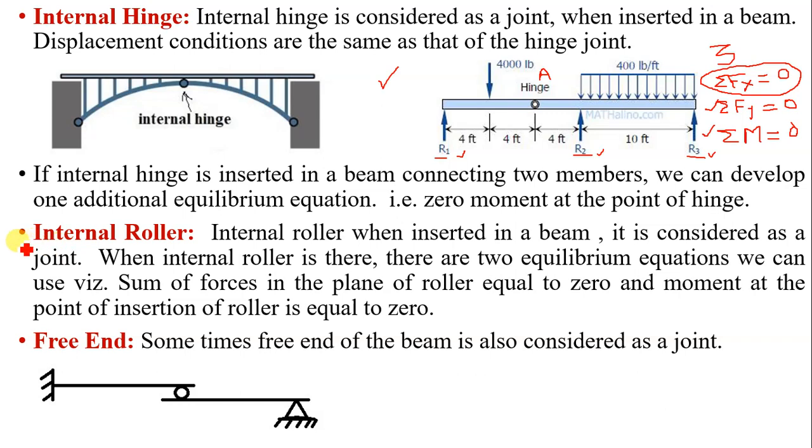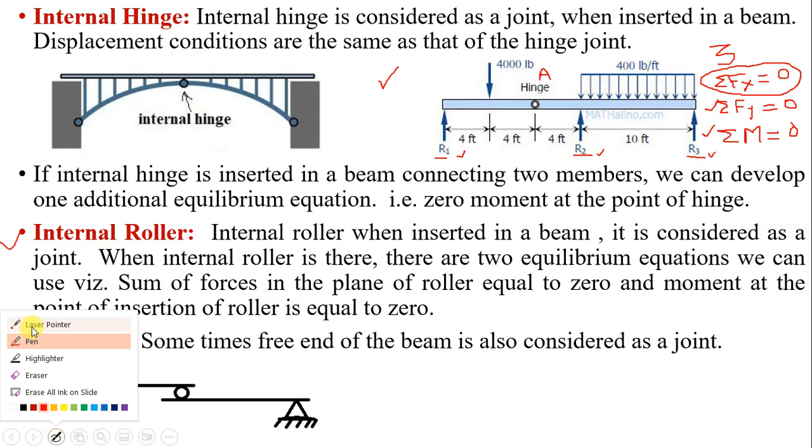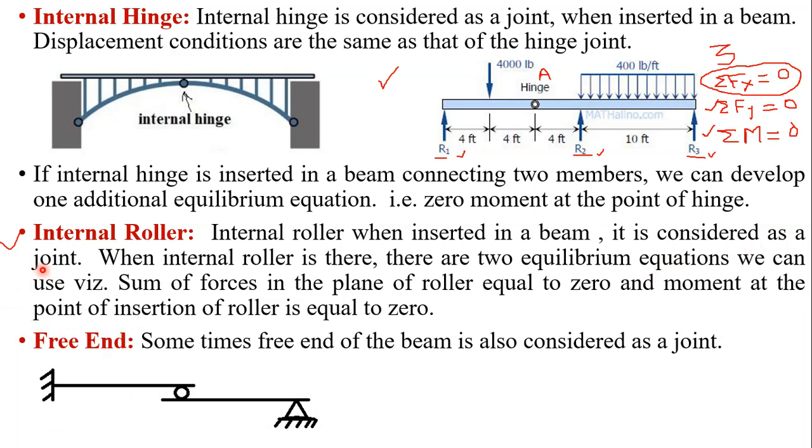Now the next joint is the internal roller. An internal roller, when inserted in a beam, is considered as a joint. When an internal roller is there, there are two equilibrium equations we can use, namely the sum of forces in the plane of the roller equal to 0 and the moment at the point of insertion of the roller equal to 0.